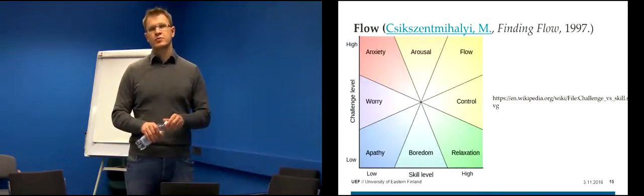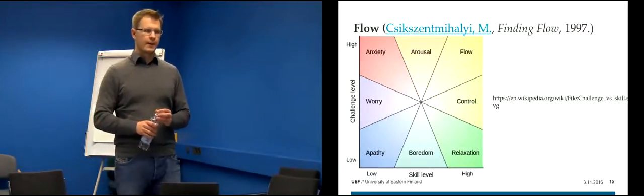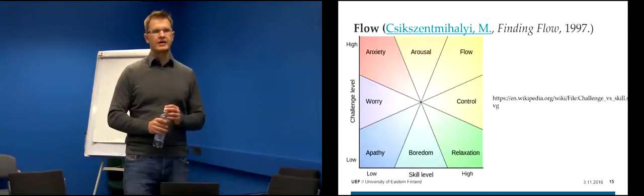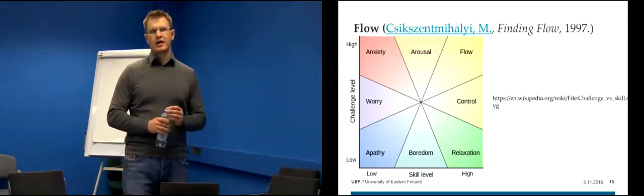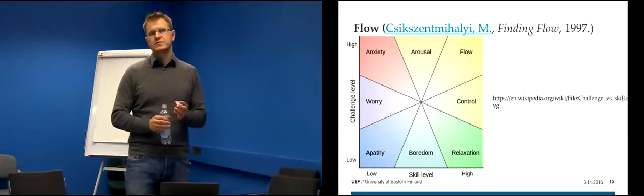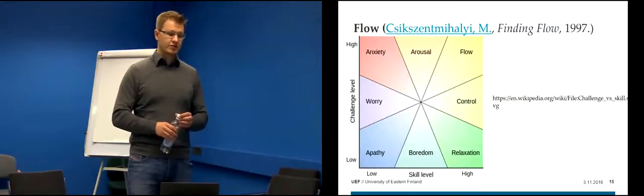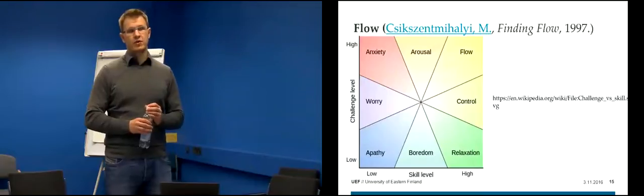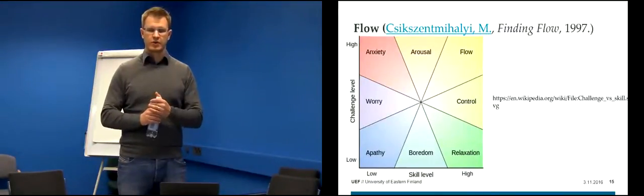But it requires some kind of challenge for this flow to be created. If the challenge level is low and skill level required is high, then it's relaxation, which is fine. For some products and services, that would be a great goal to accomplish. But if we want to have flow, we need to have a certain amount of challenge and a certain amount of skill.